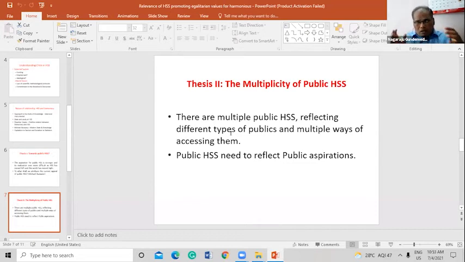There are diverse forms of knowledge systems which are very much there in the society, but we as practitioners of social sciences and humanities have failed to recognize the multiple democratic knowledge systems.